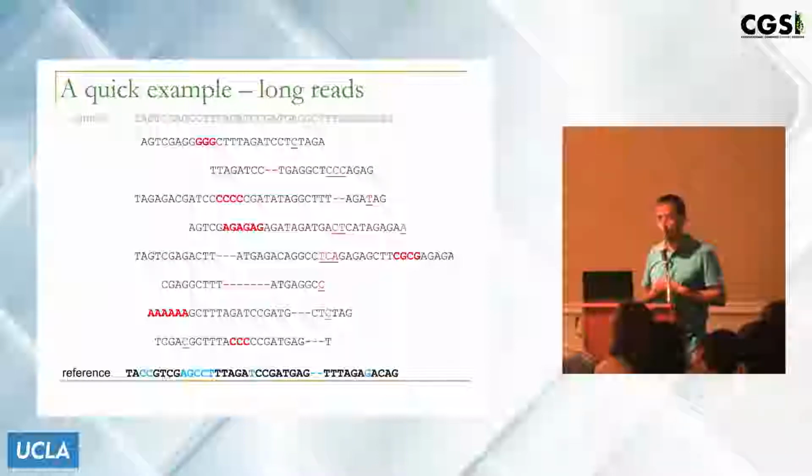So with Illumina we have more substitution errors, but with PacBio and nanopore we have more insertion and deletion errors. And a more recent technology, linked reads, actually uses Illumina technology for sequencing.